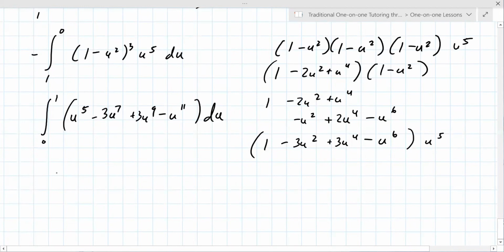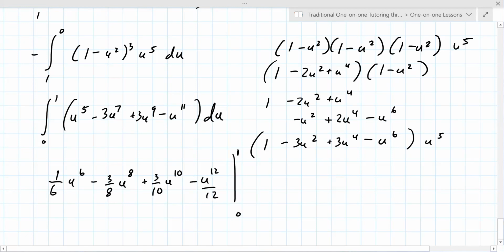So that's 1/6 u to the 6th minus 3/8 u to the 8th plus 3 over 10 u to the 10th minus u to the 12th over 12, evaluated from 0 to 1.